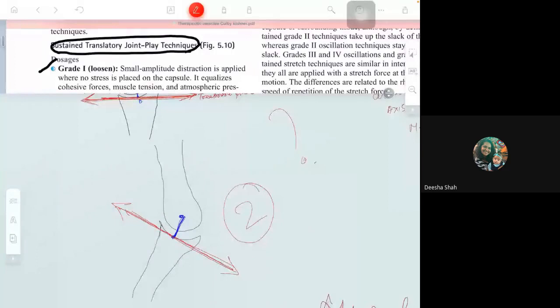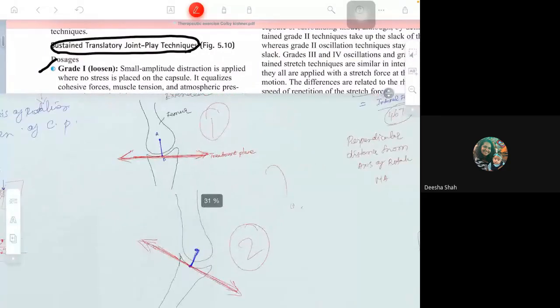Here it is slightly tilted. It is different. Are you clear or not? Come on, yes. Okay.